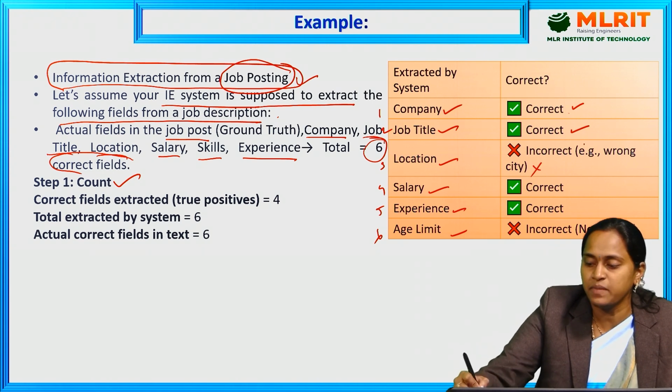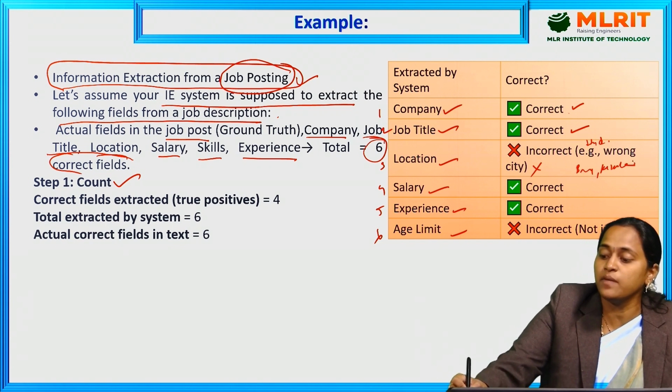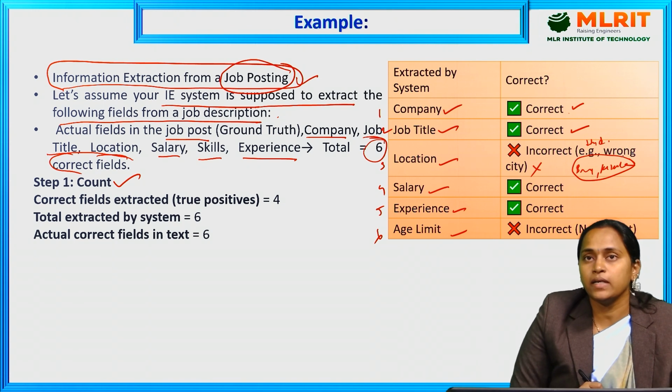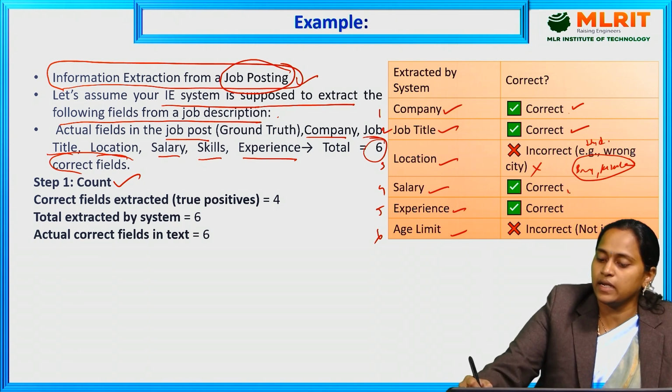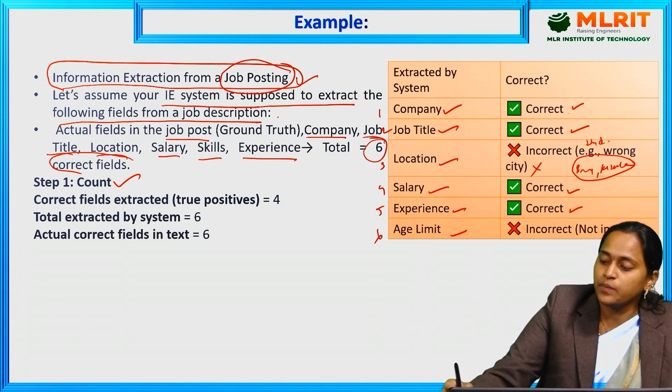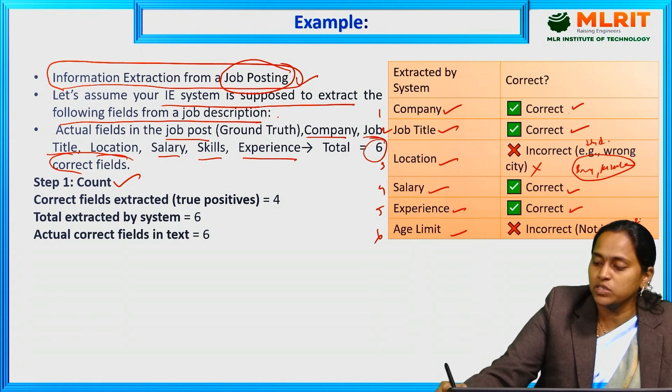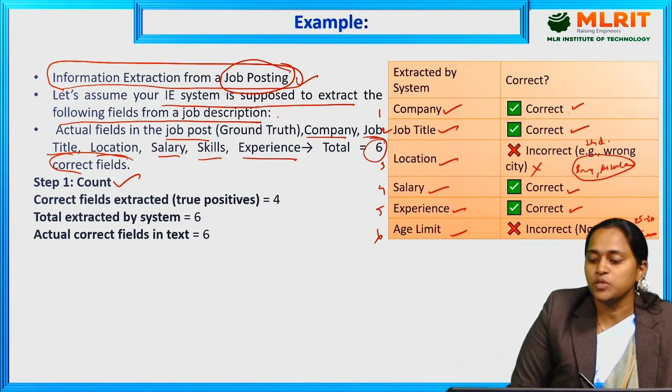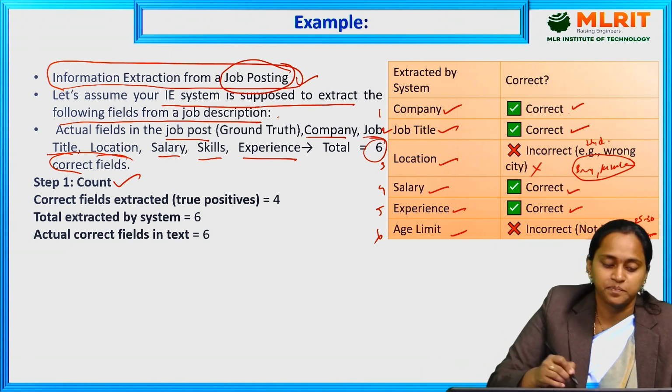Suppose we give Hyderabad, but the system displays Bangalore or Kerala. The system displays a partially incorrect location. Then the salary is correct, and the experience is correct. For the age limit, suppose we give 25 to 30, but it takes 35 to 40. So this is partially incorrect information.